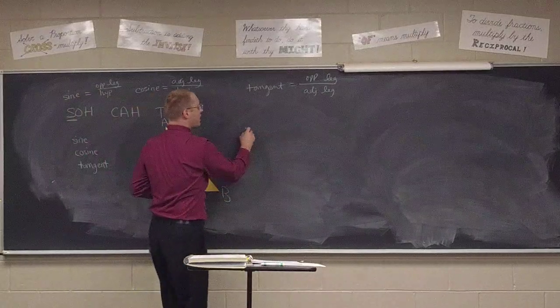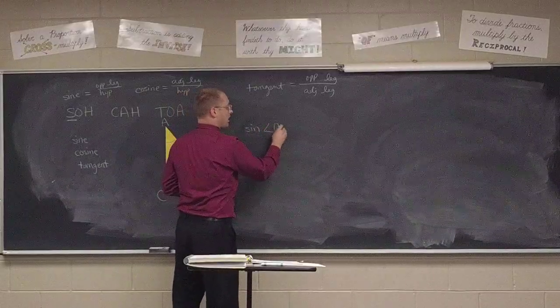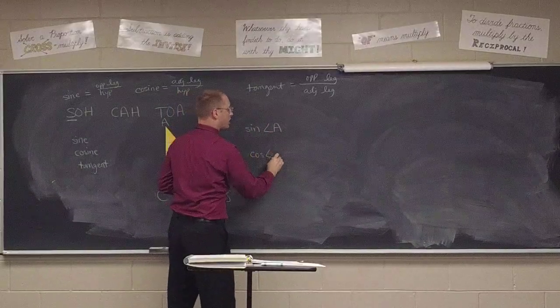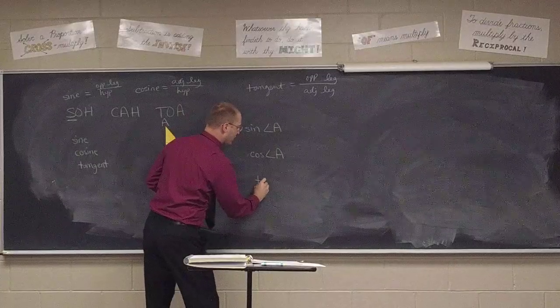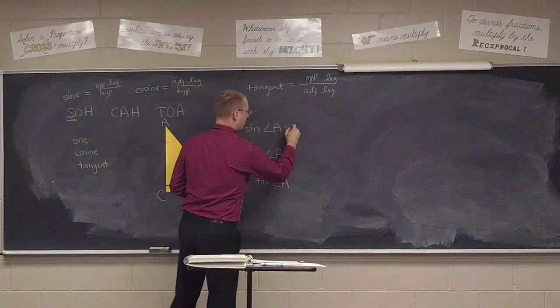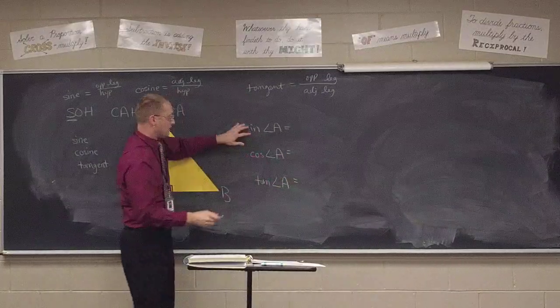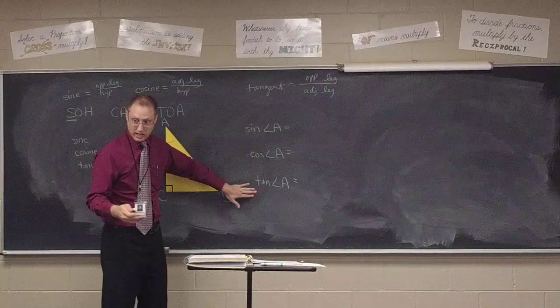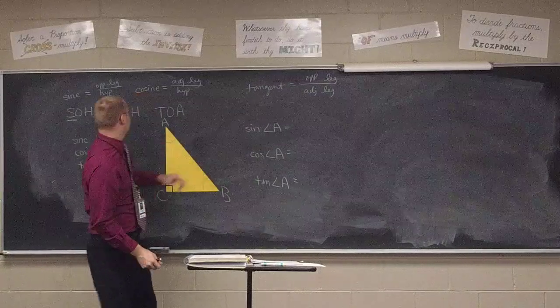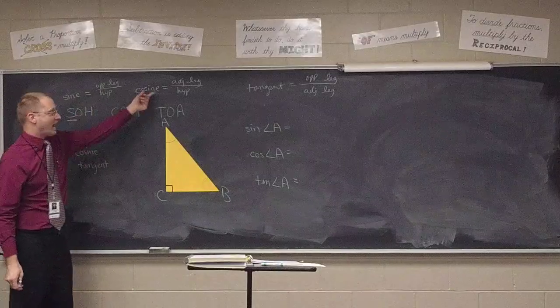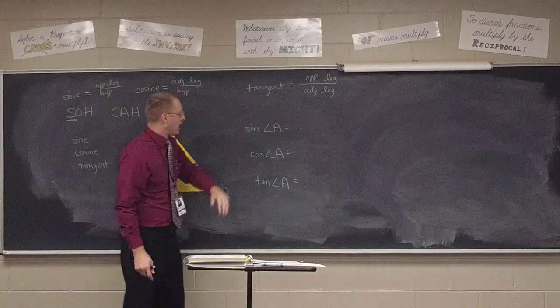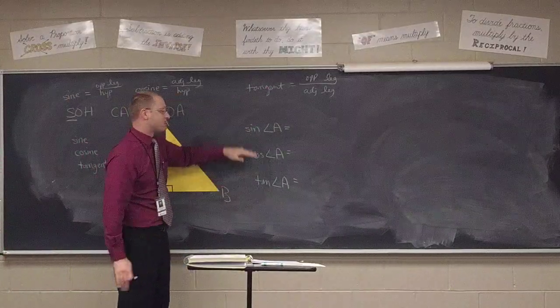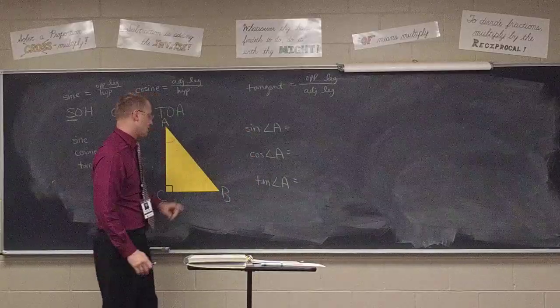All right, so if I wanted to find the sine of angle A, or the cosine of angle A, or the tangent of angle A. Notice the abbreviations, sin, cos, tan, because we're lazy, we only use 3 letters. Drop the e, drop the ine, and drop the gent. All right, so sin, cos, tan is how we abbreviate. This stands for sine of angle A, cosine of angle A, or tangent of angle A.